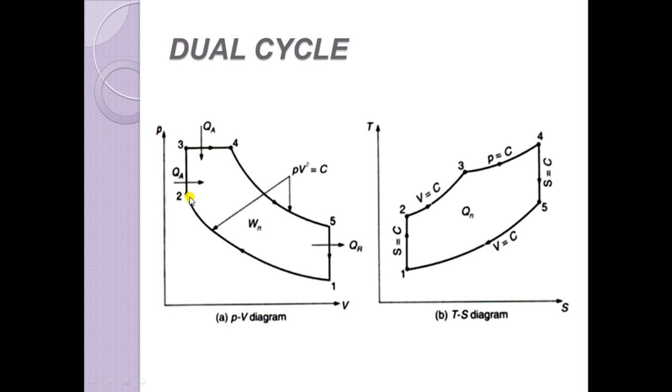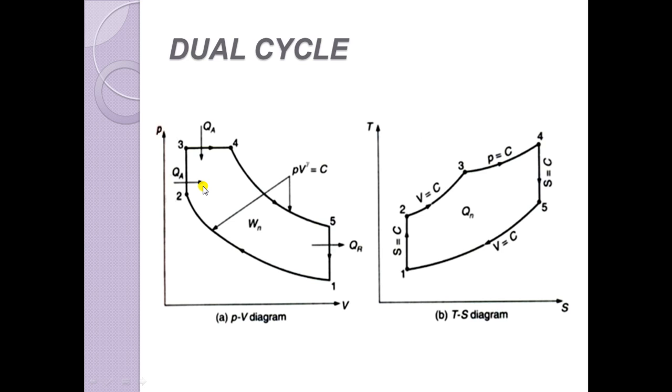The second process is 2 to 3, which is named a constant volume heat addition process. During this process, a part of the heat is added to the working substance by restricting the movement of the piston inside the cylinder, maintaining volume constant.